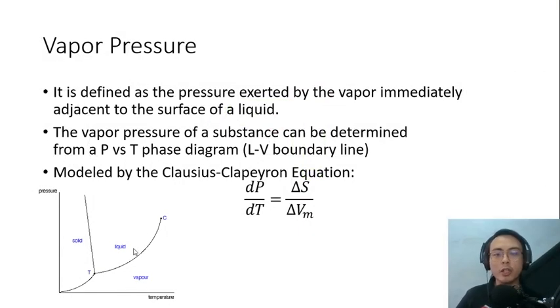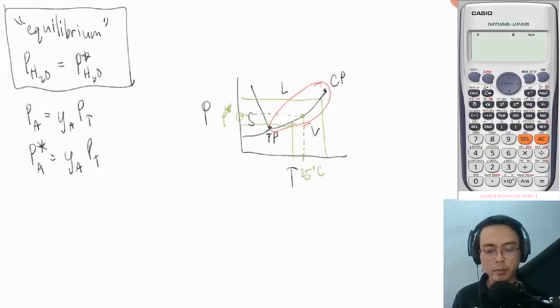We can model, or some people have modeled, this liquid-vapor boundary line through the Clausius-Clapeyron equation. You might already be familiar with the Clausius-Clapeyron equation from general chemistry, but it's not of this form. The one you are familiar with is the one with ln P2 over P1. So let's write it.